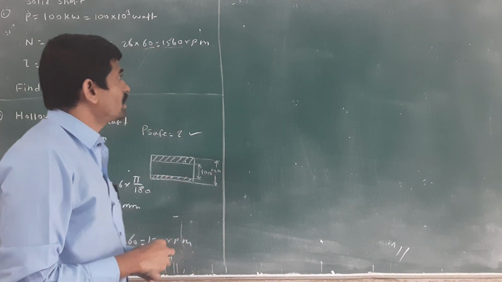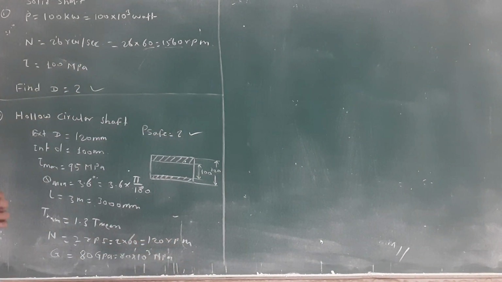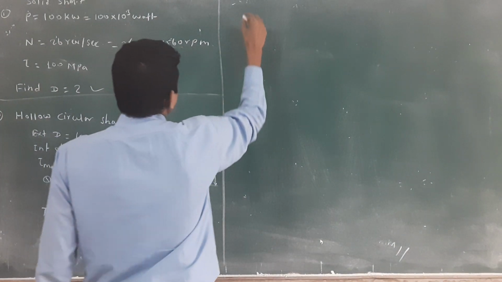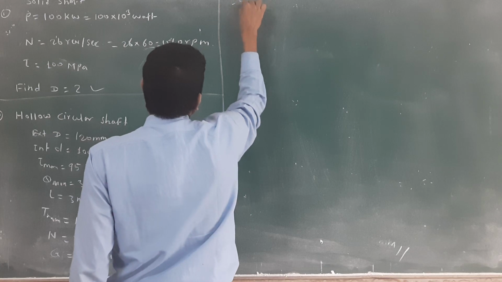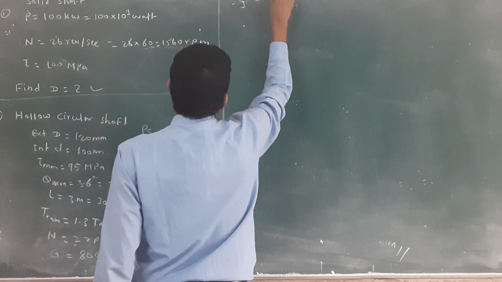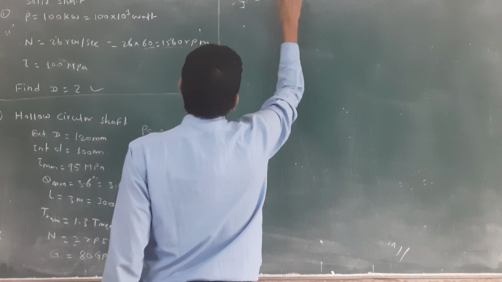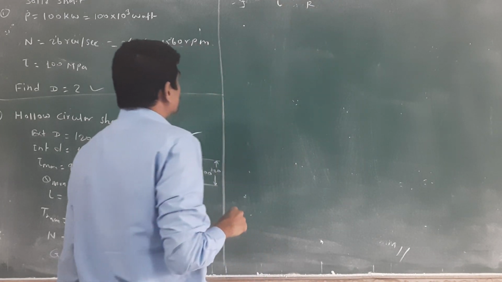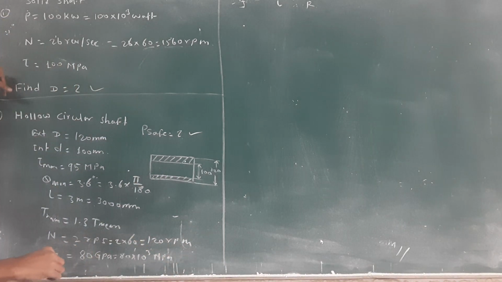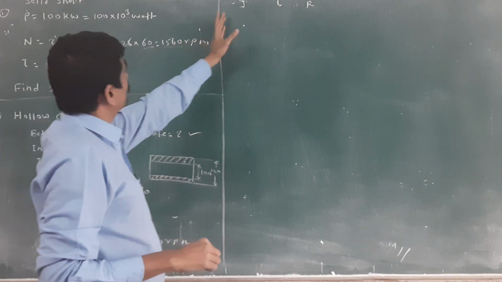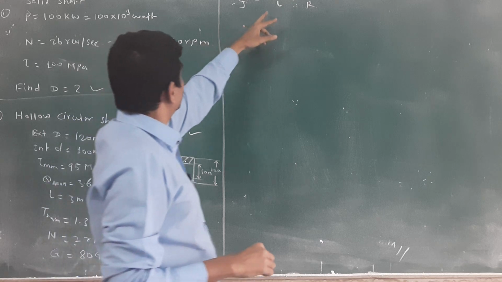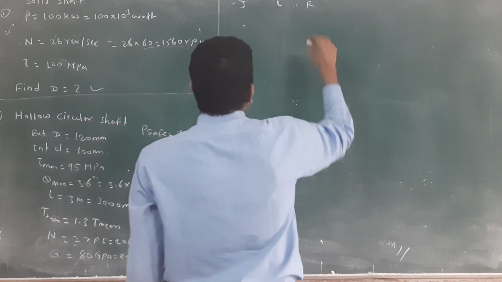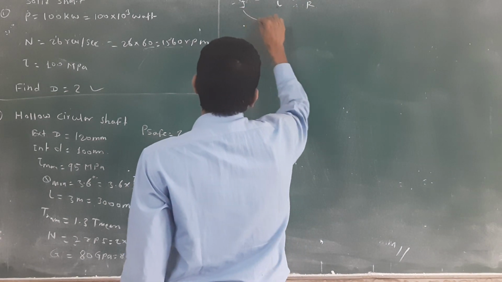Then how to find the diameter? See, what do we want to calculate first? Remember the general formula for torsion: T by J is equal to G theta by L is equal to tau by R. Check which values are given in this numerical. We don't know T, we don't know J, and we don't know G, theta and L. Tau is given, so you have to use this relation.